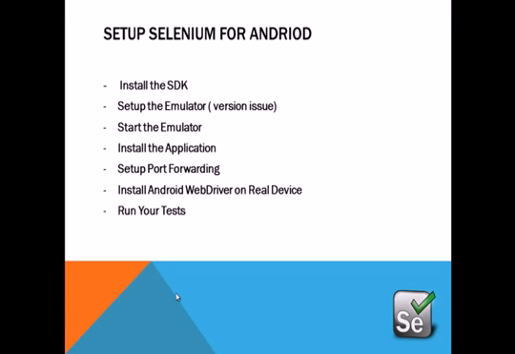Then start the emulator, then install the application, then set up port forwarding. Now, it's a really important issue because the Selenium webdriver listens only on port 8080. So before you start the test, you have to forward the port to 8080. Then install webdriver on the real device and then run your test.